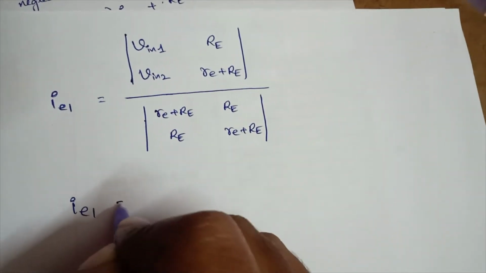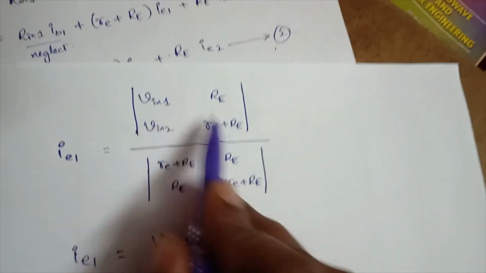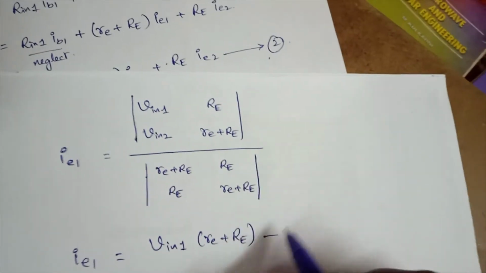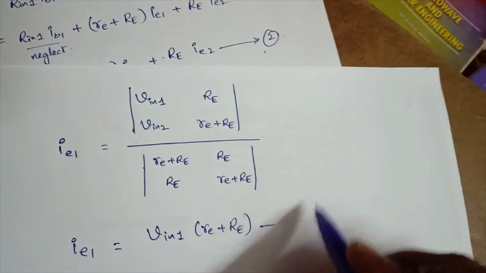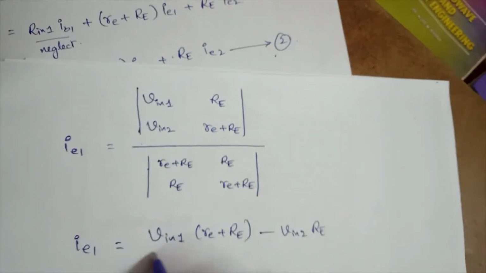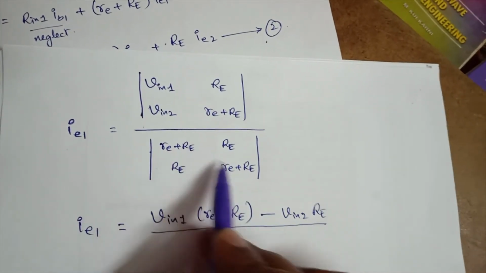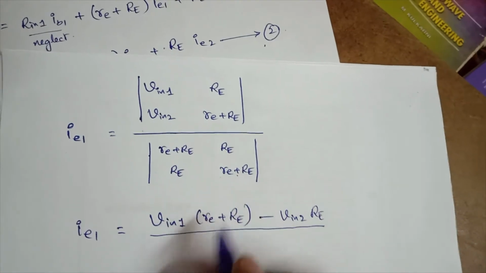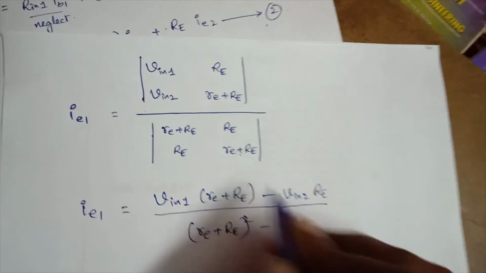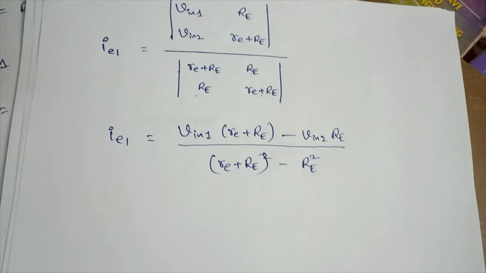IE1 is equal to Vin1 into (Re plus capital Re) minus Vin2 into capital Re, divided by the denominator (Re plus capital Re) into (Re plus capital Re) minus capital Re square. Now simplify this equation.